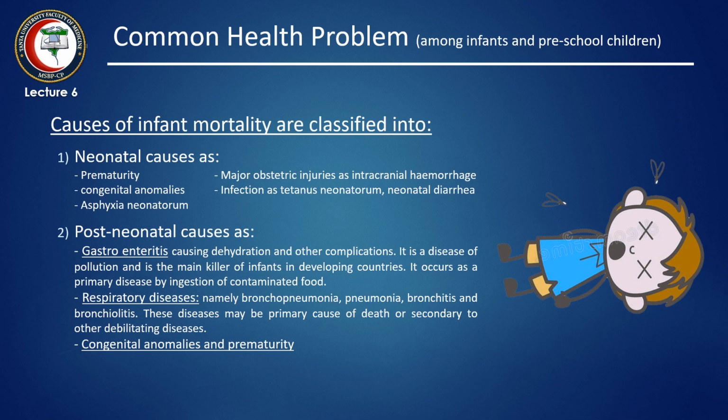Gastroenteritis is a disease of pollution. It is the main killer of infants in developing countries. It occurs as a primary disease by ingestion of contaminated food. Second post-neonatal cause is respiratory disease, namely bronchopneumonia, pneumonia, bronchitis, and bronchiolitis.